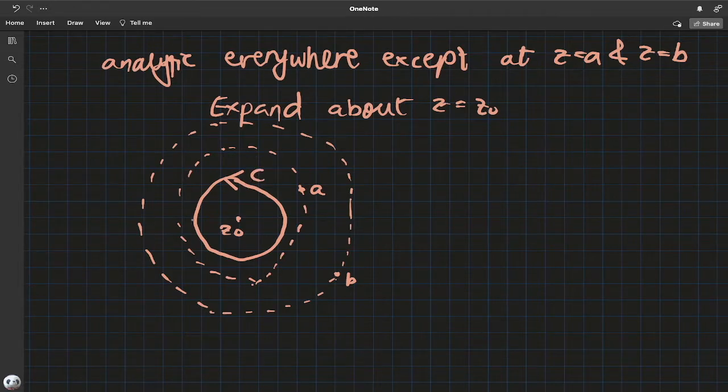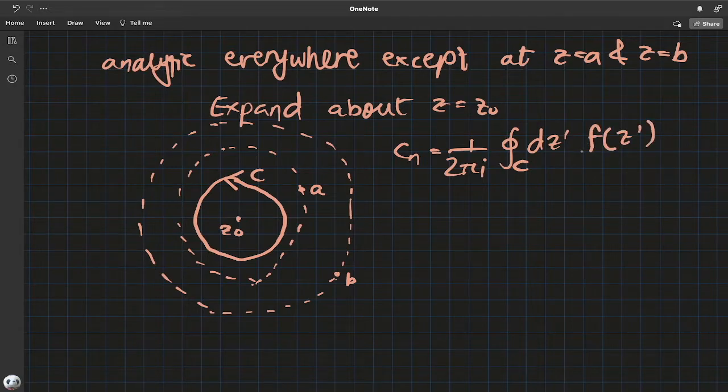Call this C. If you remember the general formula that I derived in the last video for the coefficient of the Laurent series, it is basically this: 1 over 2 pi i, integral of dz prime f of z prime over z prime minus z naught to the n plus first power. So this was the formula. Let me plug everything into this formula.